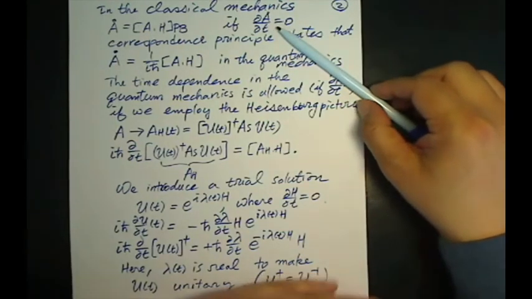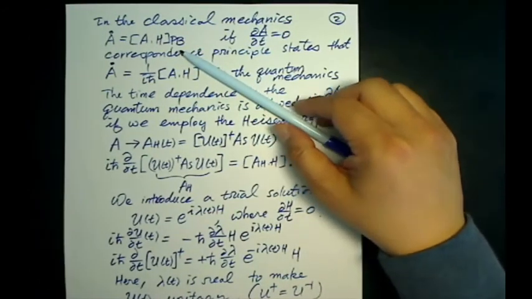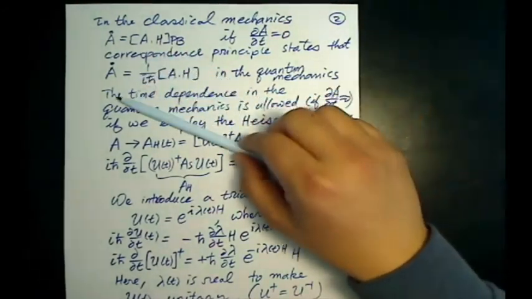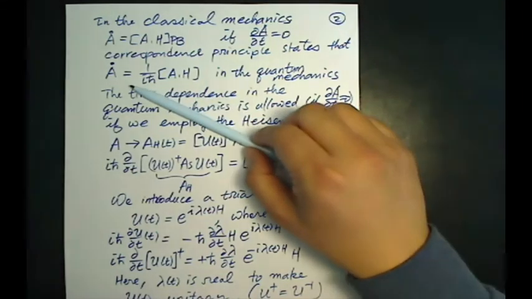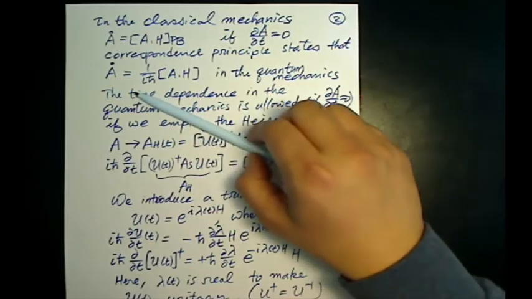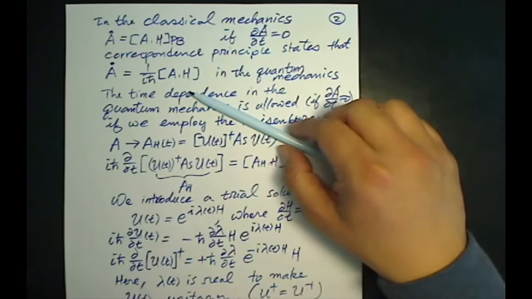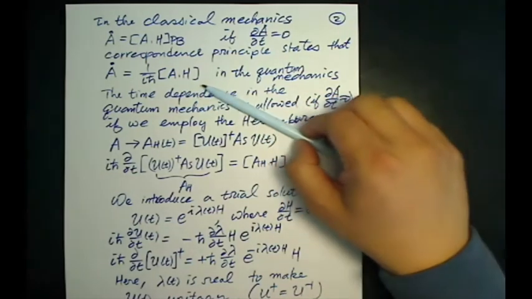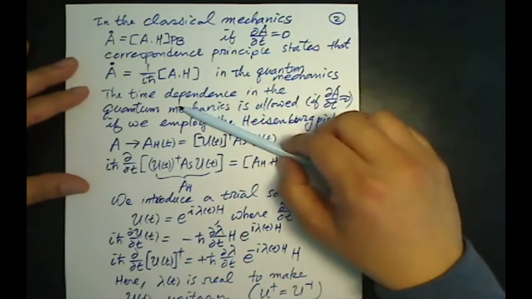In addition, if we apply the correspondence principle, then we have a quantum mechanical counterpart, that is, the time derivative of the operator is 1 over i h bar times the quantum mechanical commutator of that operator with the Hamiltonian.